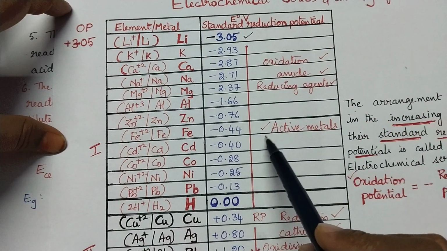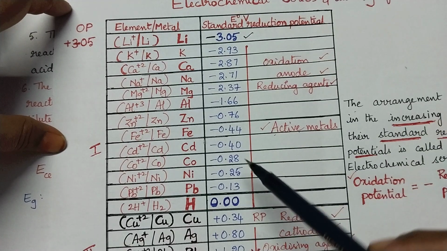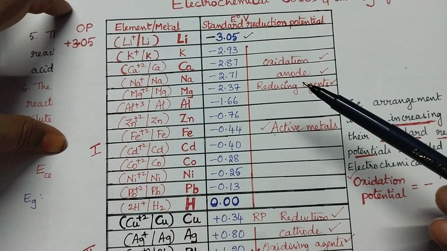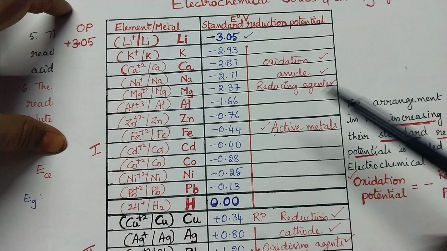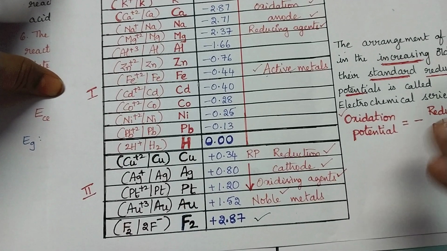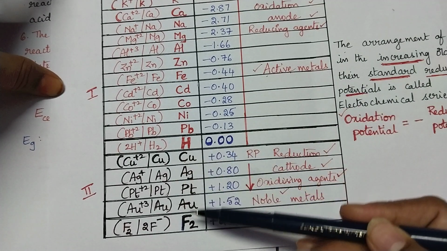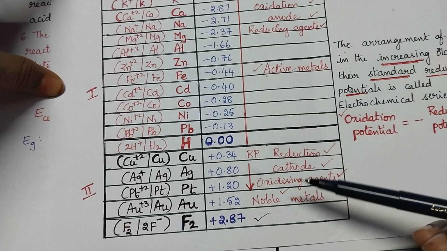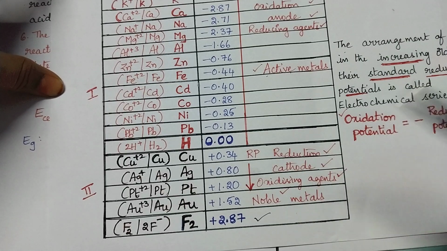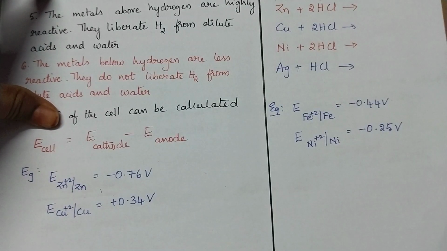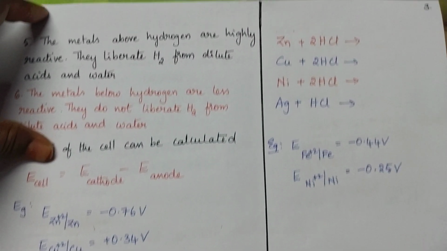These metals are called active metals, and all these metals are capable of liberating hydrogen from the acids or from the water, whereas the metals which are placed below hydrogen are noble in nature, and hence they do not liberate hydrogen from the acids or from the water. Let us see a few examples.